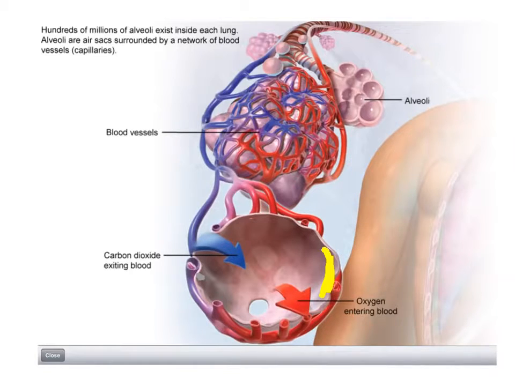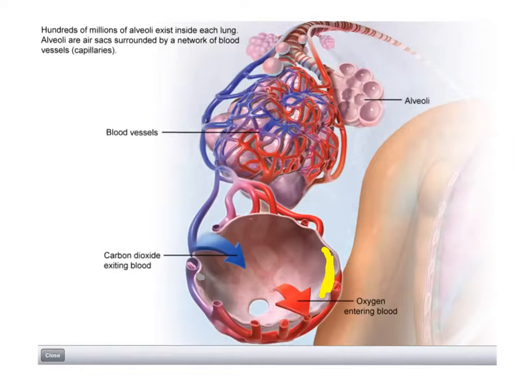Remember, it was a byproduct of energy conversion, of metabolism in the cells, and CO2 was produced and then carried back to the lungs, and so the bloodstream coming back to the lungs is very high in CO2. The air that's in the alveolus is very low in CO2, and those two gases will also diffuse across that membrane and tend to even out.